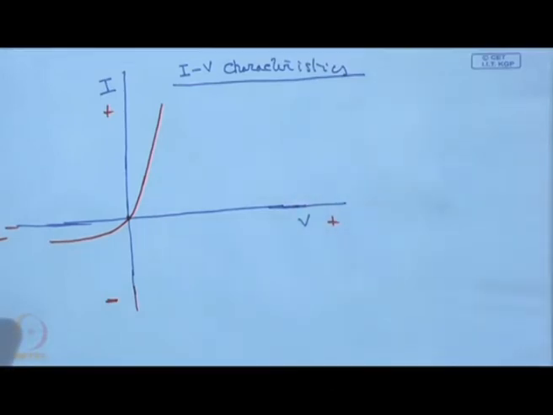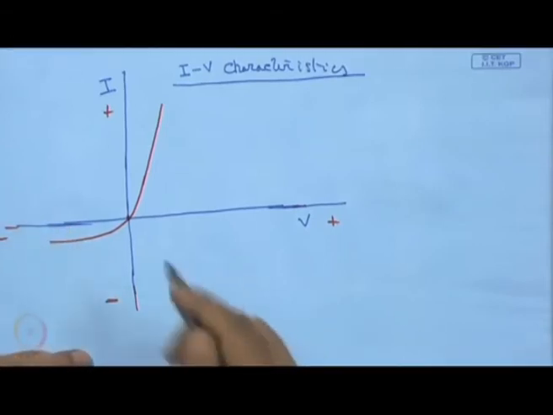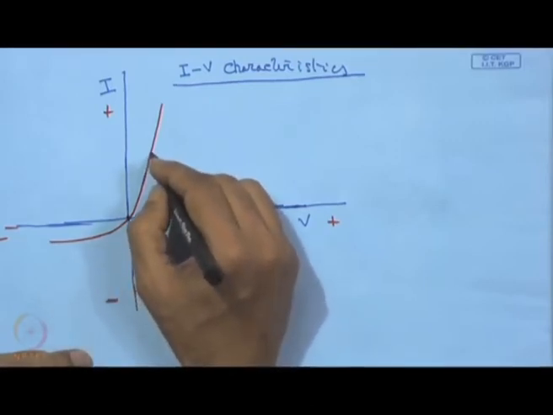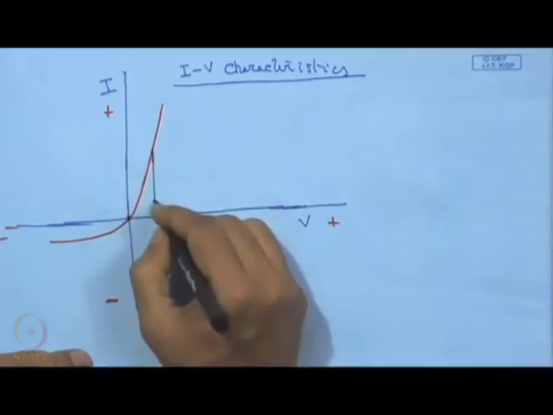Now, over this we have to superimpose one AC, so it will be symmetrical over the zero line. Let us have a quick look here.